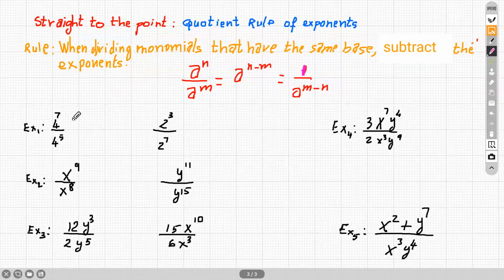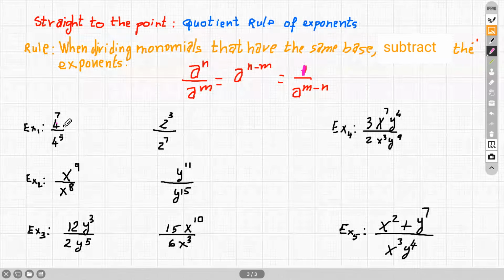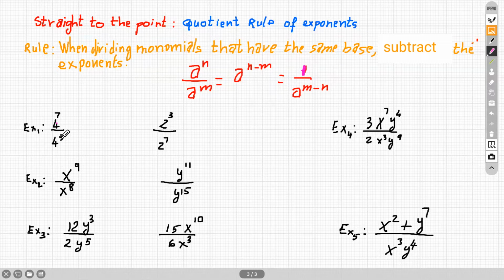Applying the formula, the entire goal of where to move it depends on what will help you have a positive exponent at the end. So I see 4 to the 7 divided by 4 to the 5th power.